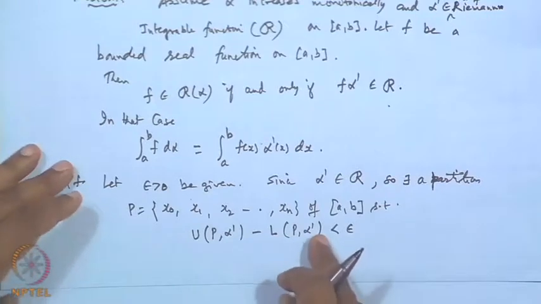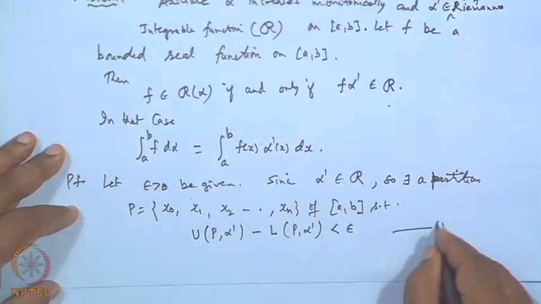This is the fluctuation of the function. Okay, so let it be 1.